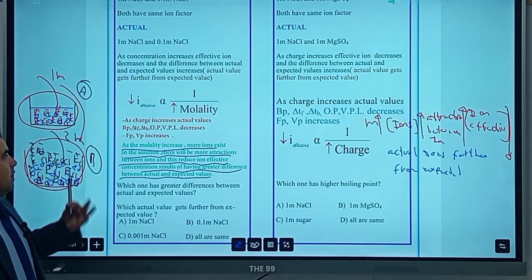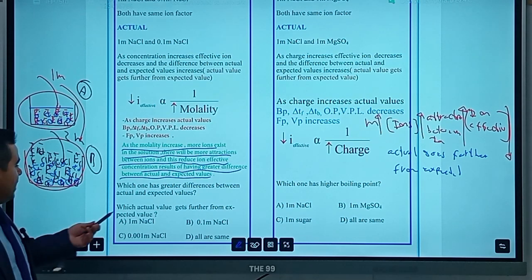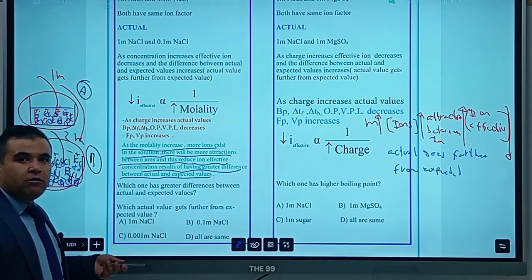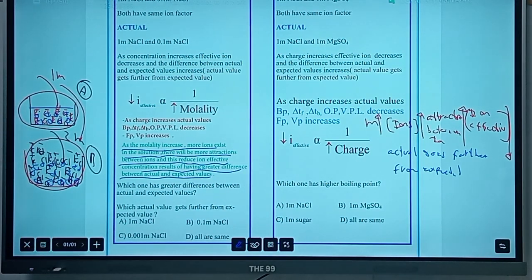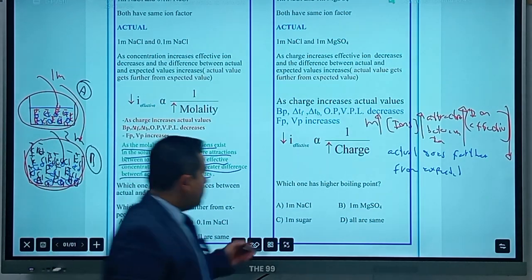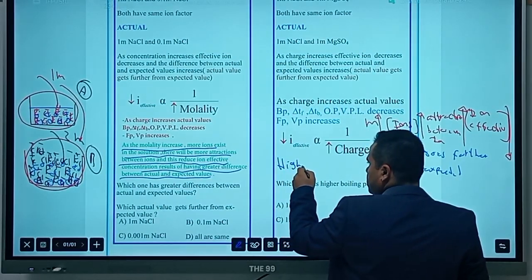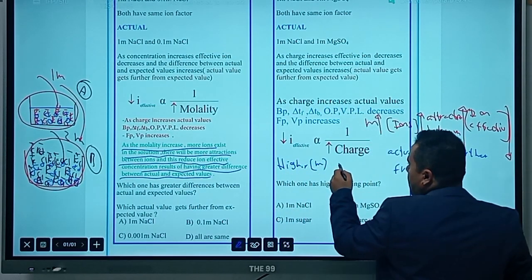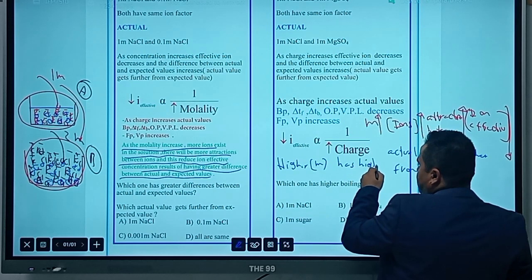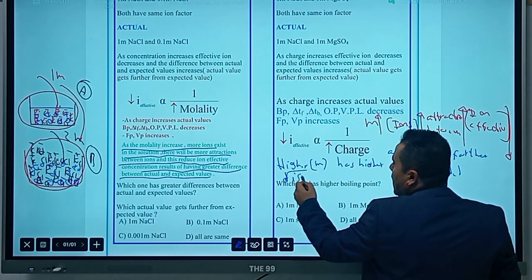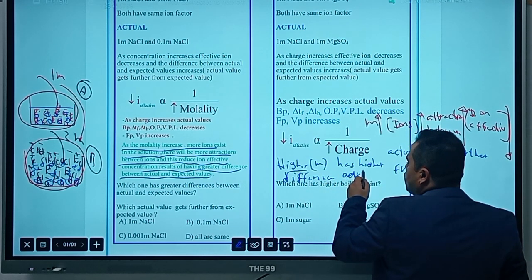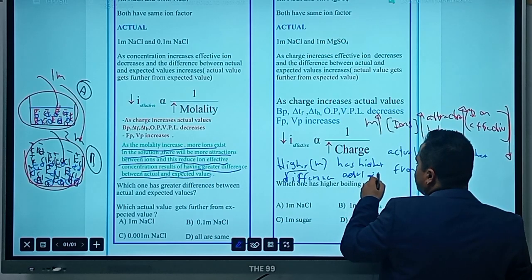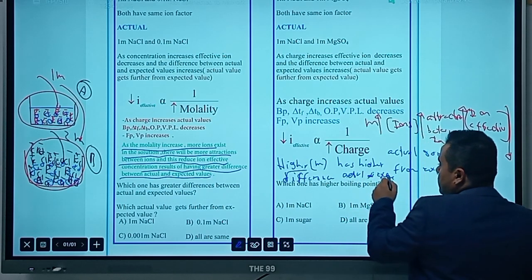If we have the same electrolyte, guys, for example here NaCl, all the solutions are NaCl, we can decide based on the concentration. The one with the higher concentration results in a higher difference between actual and expected value.